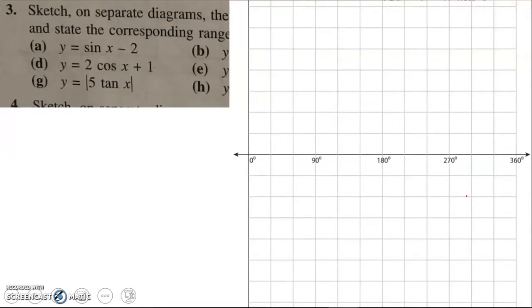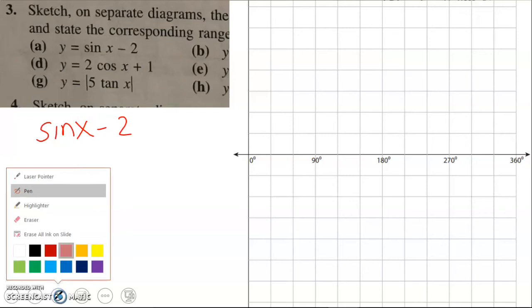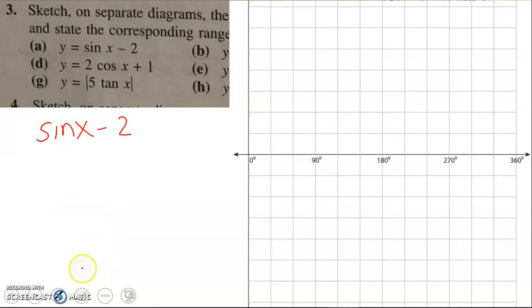Okay. So for sine x minus 2, go ahead and you need your amplitude and your axis of curve first. So let me rewrite this, sine x minus 2. I basically need three things. I need my max, I need my min, and I also need my axis of curve.